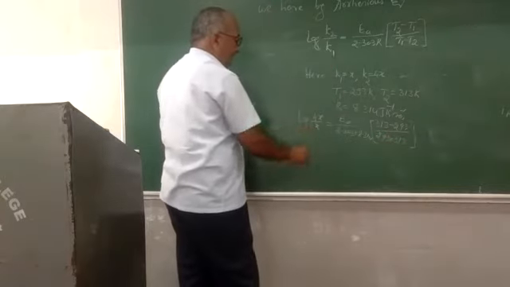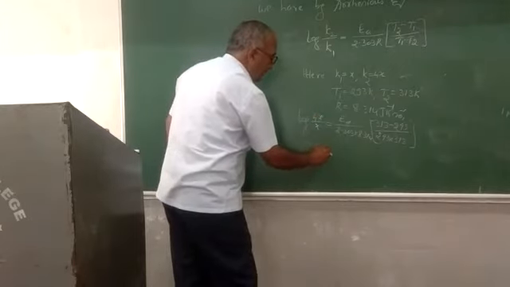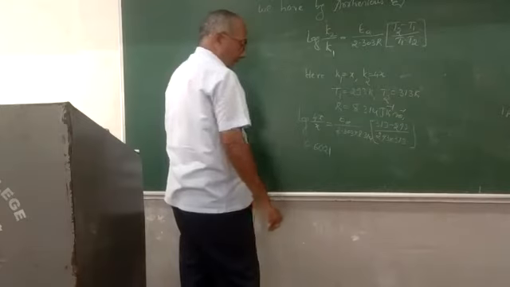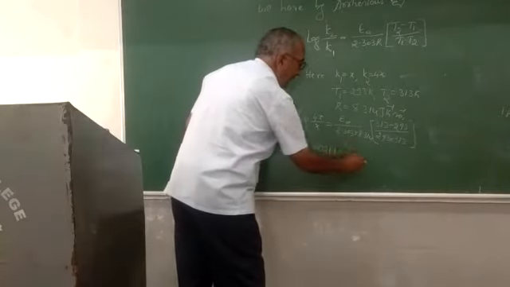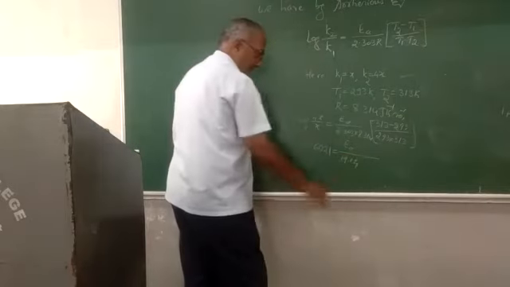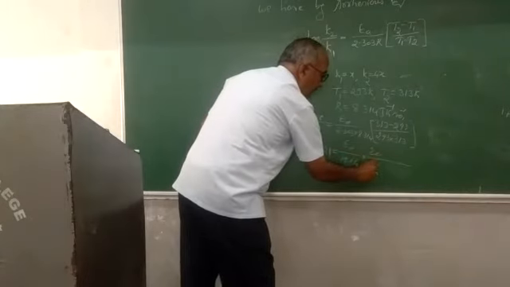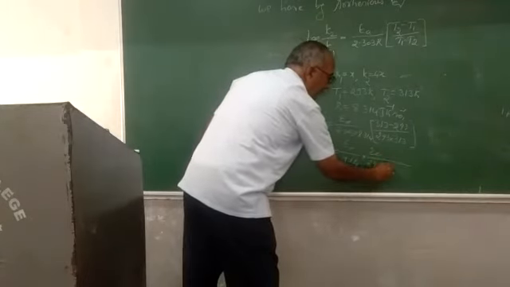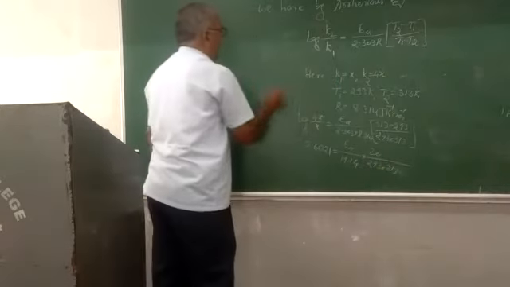So x cancels. Log of 4 is 0.6021, equal to Ea divided by, this is 19.14, and simplify, this is 293 into 313.